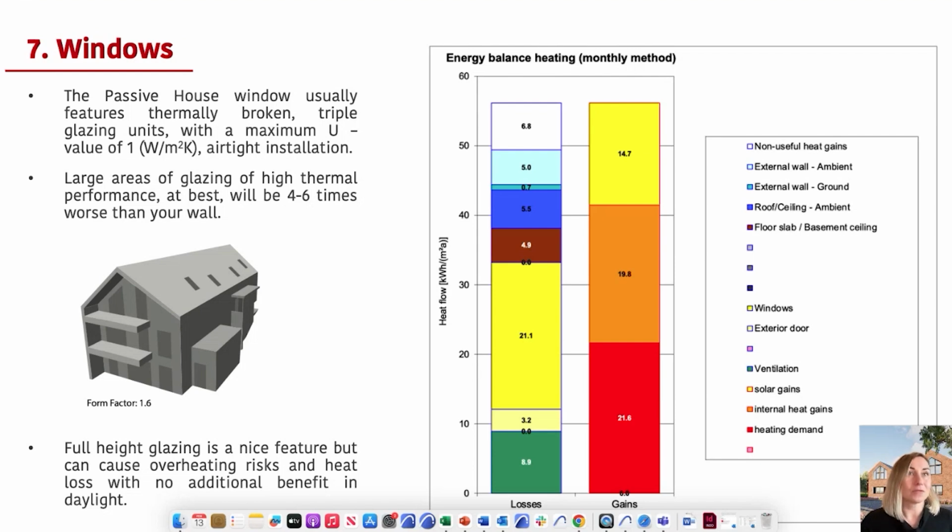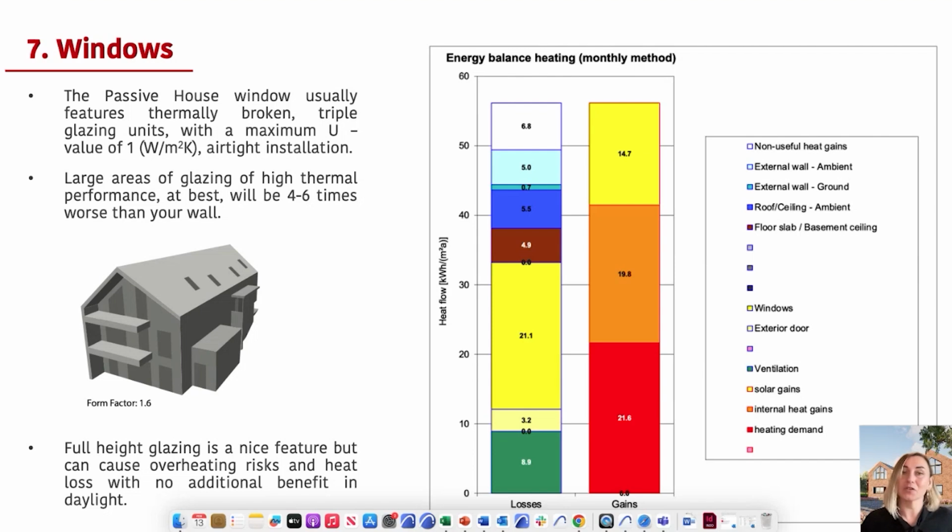So we all love, obviously, designing large areas of glazing, and that connection, the daylight coming in, and the connection to the outside space. But just to give you that kind of picture of what that does in terms of the thermal performance, if you come to the architect and say, well, I want all of this wall to be glass, yes, of course we can do this, but bear in mind, you're going to be losing a lot of energy through that window, much more than through your wall.